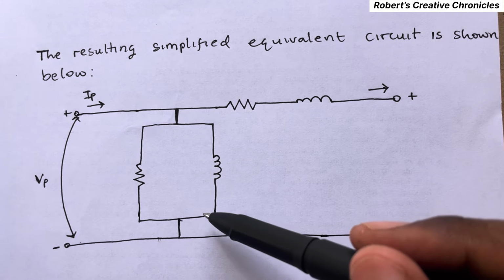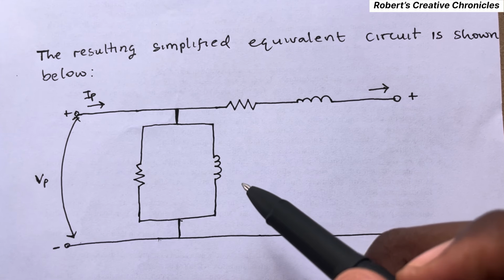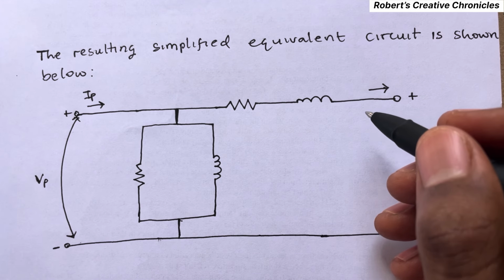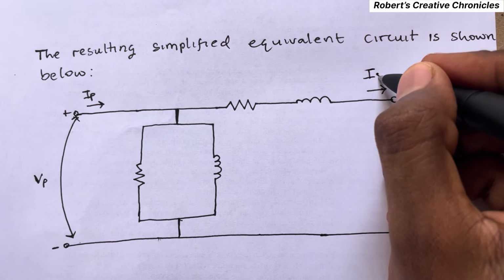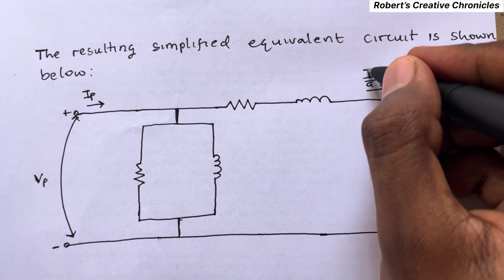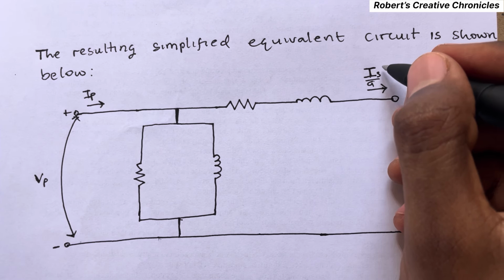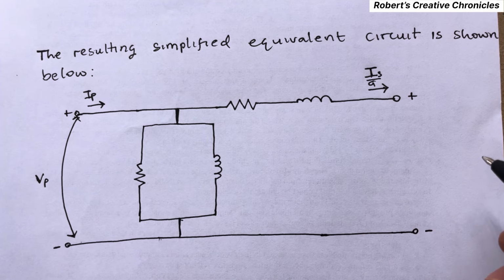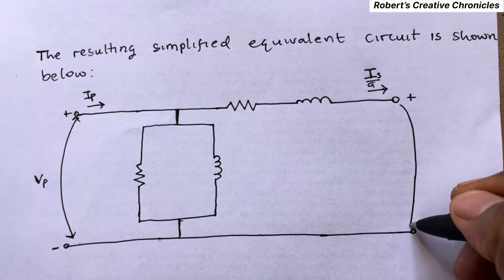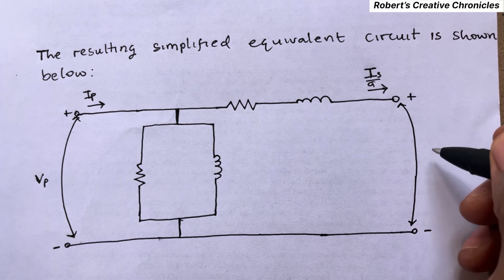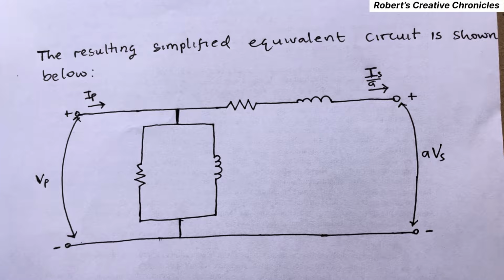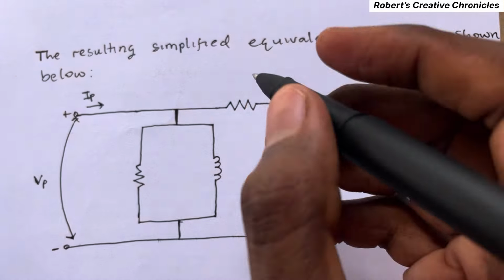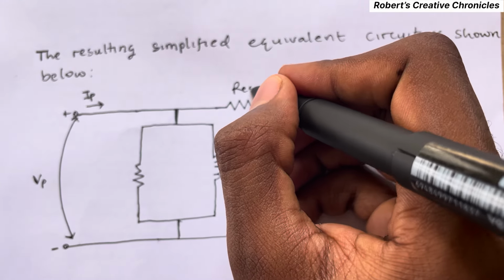Since this is the approximate equivalent circuit referred to the primary side, here becomes IS over A, that is the secondary current over A, and here becomes A times the secondary voltage.